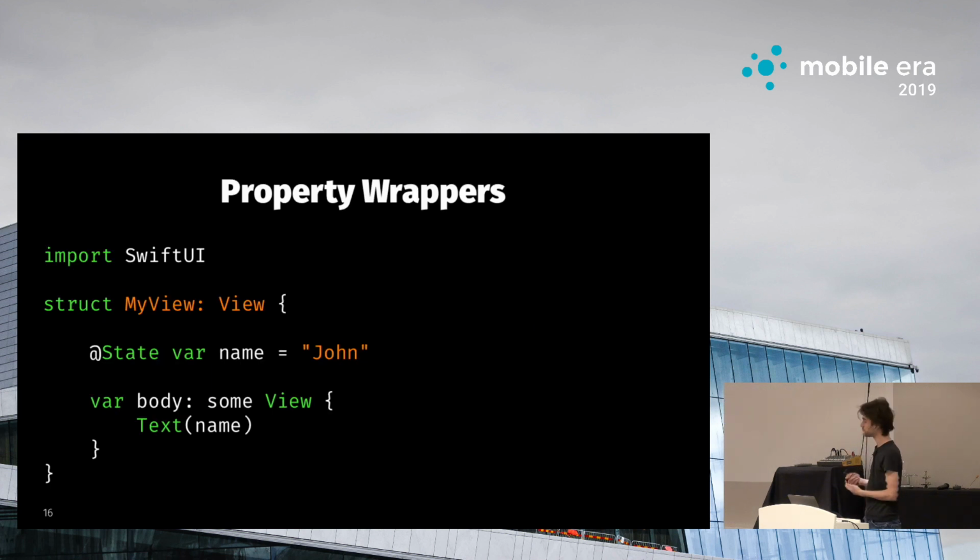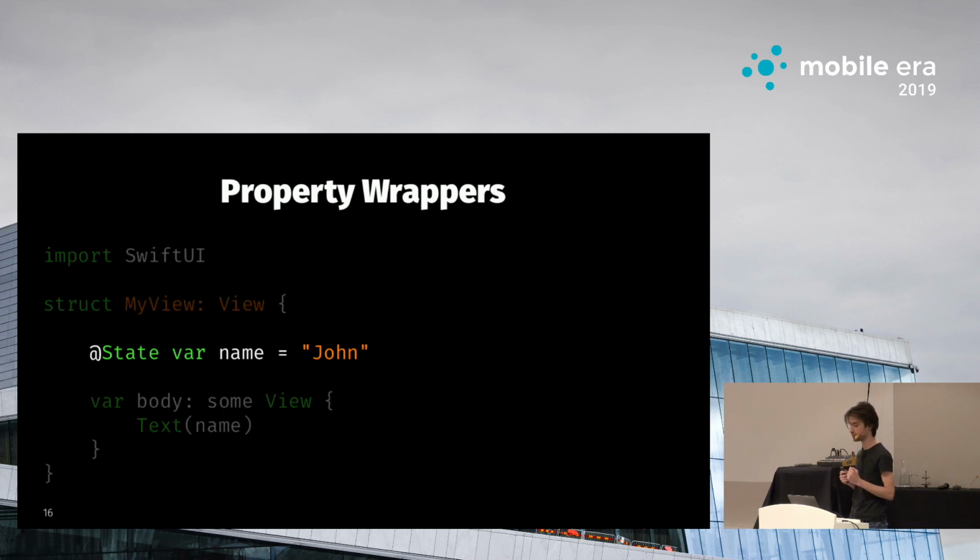So this is a SwiftUI piece of code. It's like some kind of a hello world in SwiftUI. It's very basic, but we can see that there is this @State annotation. And we can see, if we know a little bit about SwiftUI, that it carries meaning, because basically when the content of the variable name is going to change, it's going to trigger a refresh of this UI.